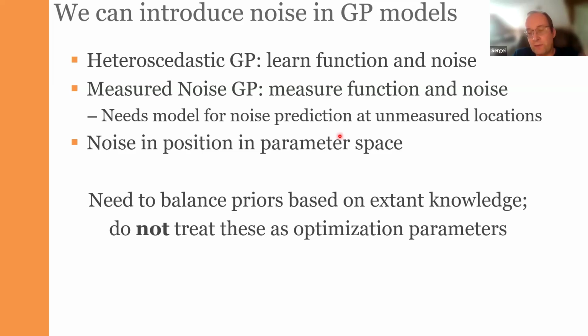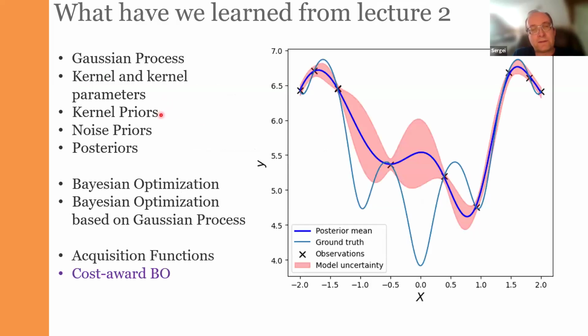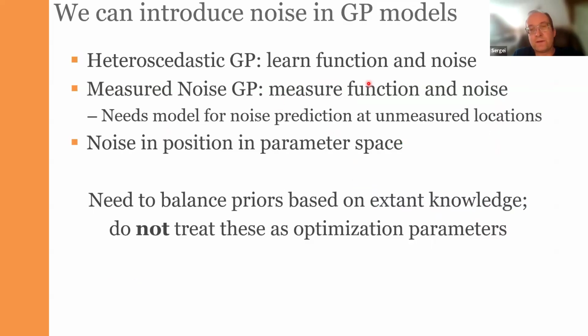We have the prior on the kernel for the function itself, the prior for the noise on the function, the priors for the noise measurement, and the priors for the noise and the position in the parameter space. Remember that if you take a Gaussian process out of the box, these parameters are what the software writer has specified them to be, which means something fairly general and non-informative.